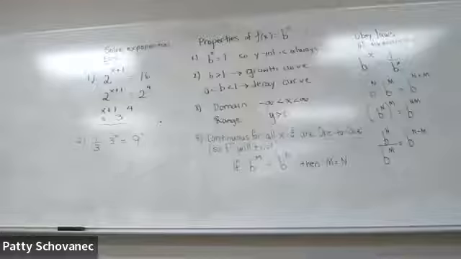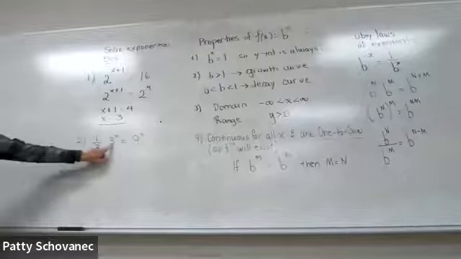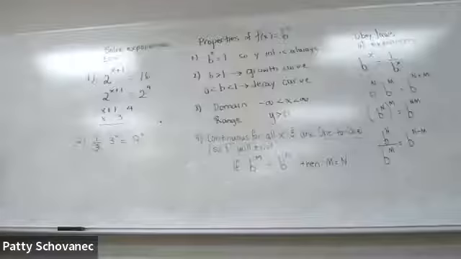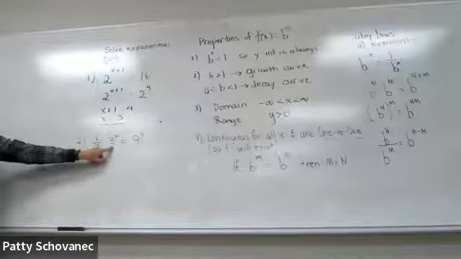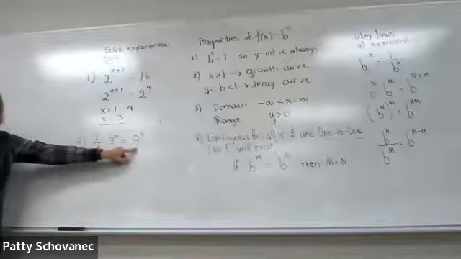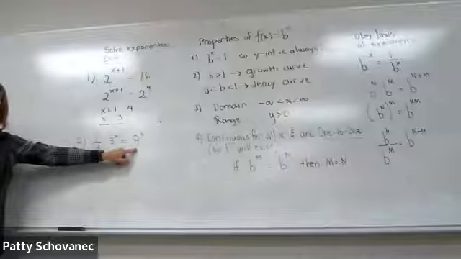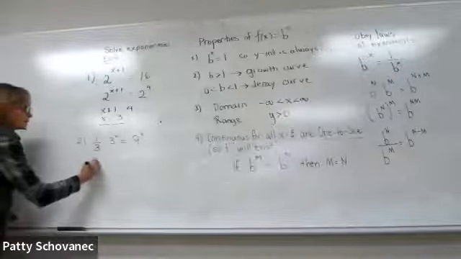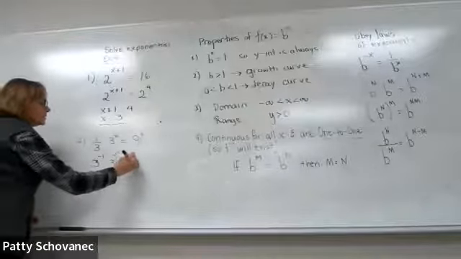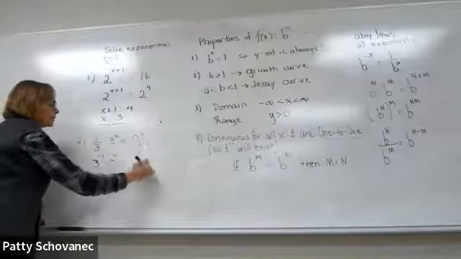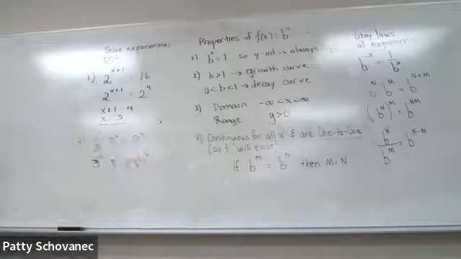I'm going to rewrite all three of these terms as 3 to a power. I'm going to write 1/3 is 3 to the negative 1. And I can just write that one again. And then 9 itself is 3 squared. So I'm going to write this as 3 to the negative 1 times 3 to the x. 9 is 3 squared, and then raise that to the x.